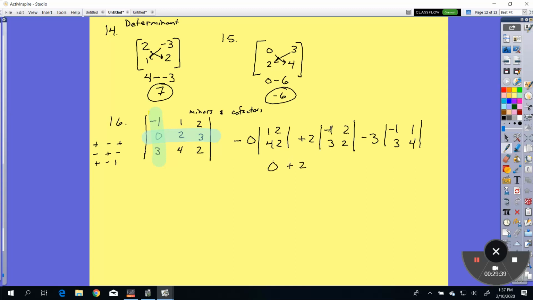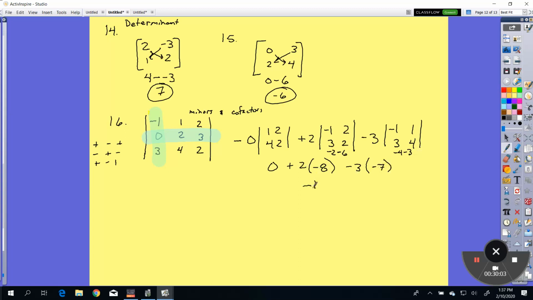Plus 2, -1 times 2 is -2, minus 2 times 3 is 6, so that makes -8. Then -3, -1 times 4 is -4, minus 1 times 3, which is 3. So negative 4 minus 3 is negative 7.